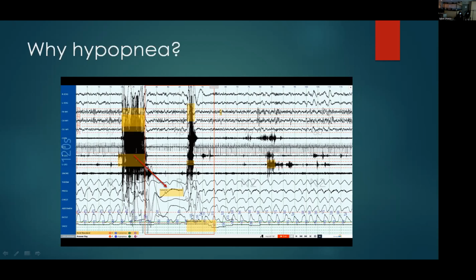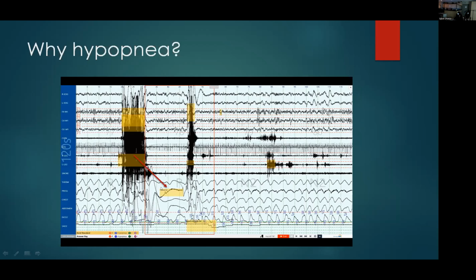Because there is no respiratory effort, but in the thermal airflow sensor there is some ventilation. See, it's not a 90% reduction here, so ventilation is there. So we cannot say that as a central apnea, because for central apnea the criteria is it has to be flat, or more than 90% reduction. So when it doesn't have that, they qualify this as a hypopnea.